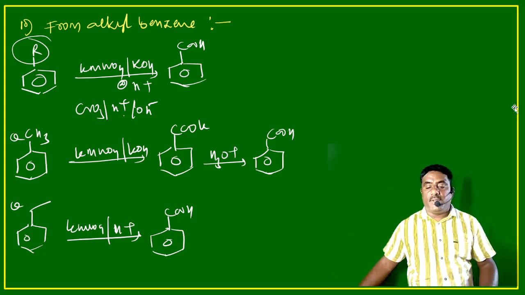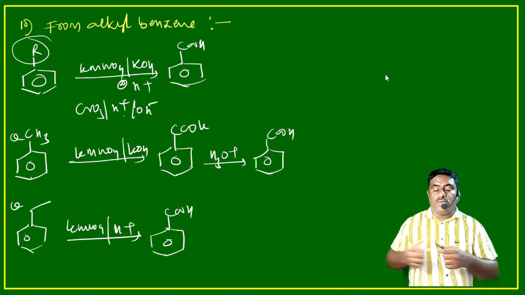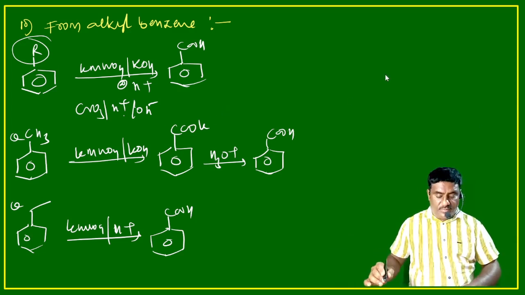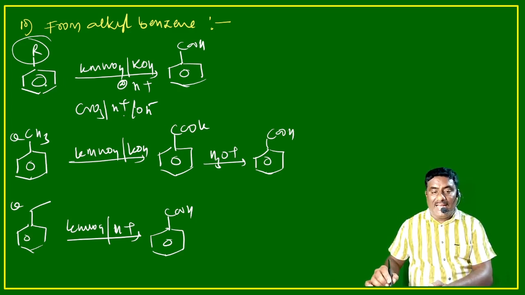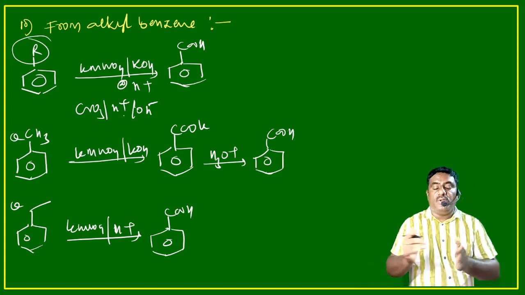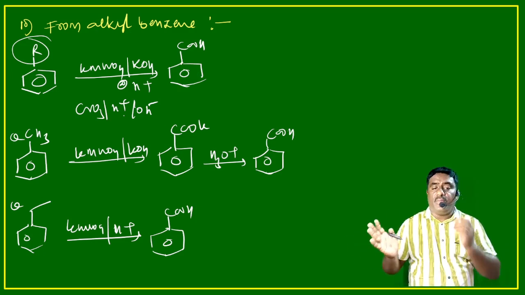Aromatic carboxylic acid is prepared from alkyl benzene by oxidation to give benzoic acid. So what is the condition to form benzoic acid from alkyl benzene?